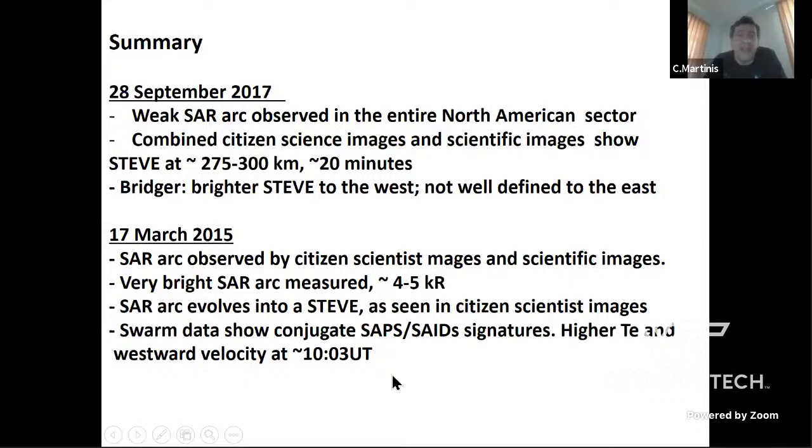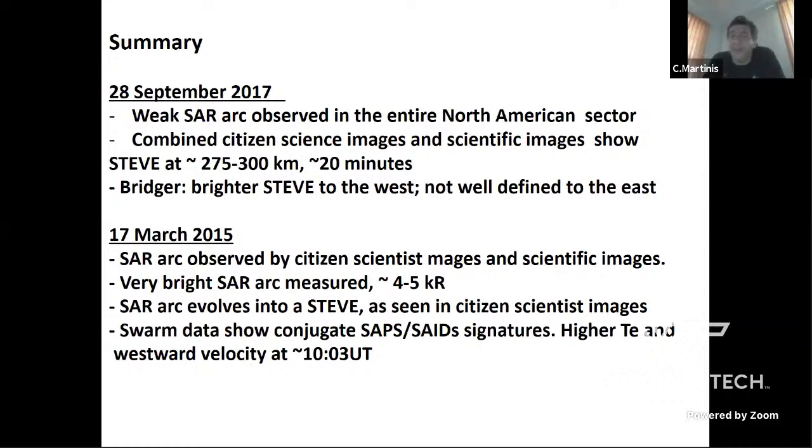And finally, the second event, in which we saw a SAR arc observed by both systems, the calibrated images showed that the SAR arc was very bright, around 4 or 5 kilorayleigh. Remember, typical values are around 400 to 500 rayleigh at most.